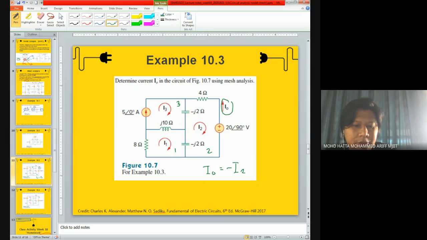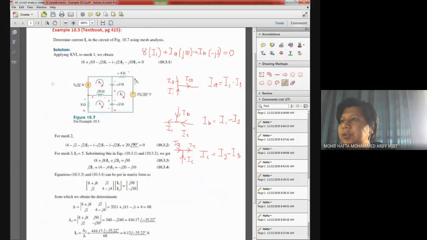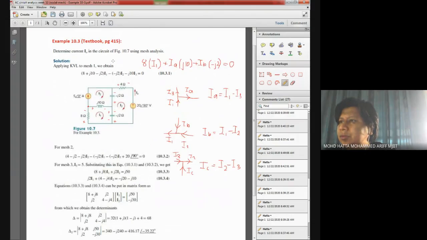Okay, about the solution. You can find the solution as well in your textbook, page 415, I believe. Looking at the solution here, we need to apply mesh analysis in order to calculate the value of IO.